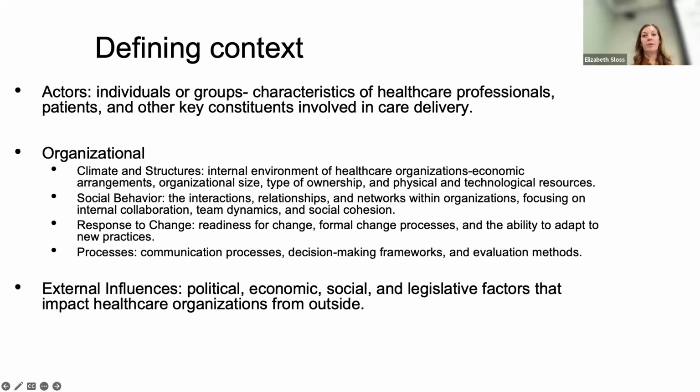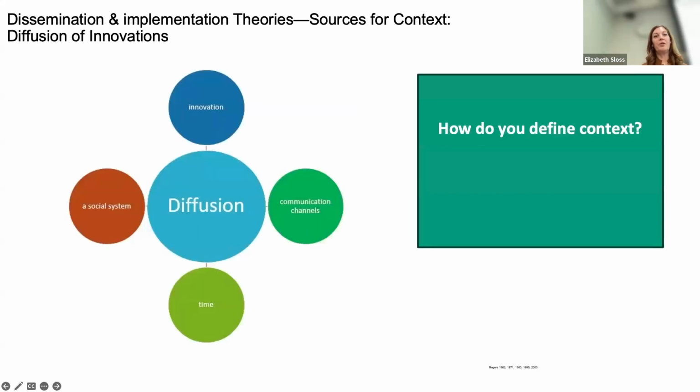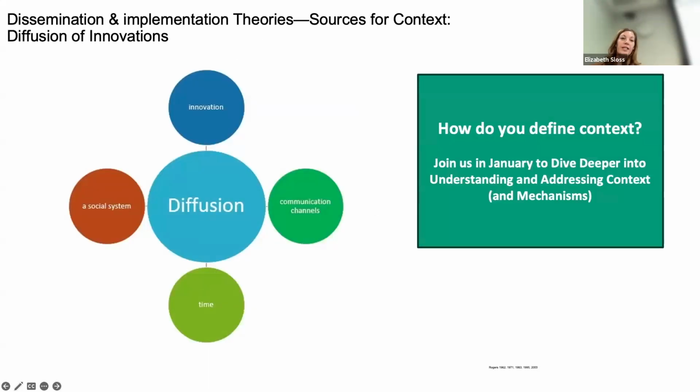I have probably what's going to be an unsatisfactory answer for those of you today, because we need a whole day to talk about it. But the first, I really think, is starting with your theories, models, and frameworks, which we've kind of touched on. There's a whole host of theories, models and frameworks in dissemination and implementation science that can help you think about this. I'm showing Rogers' diffusion of innovations, which is kind of one of the original ways we think of it.